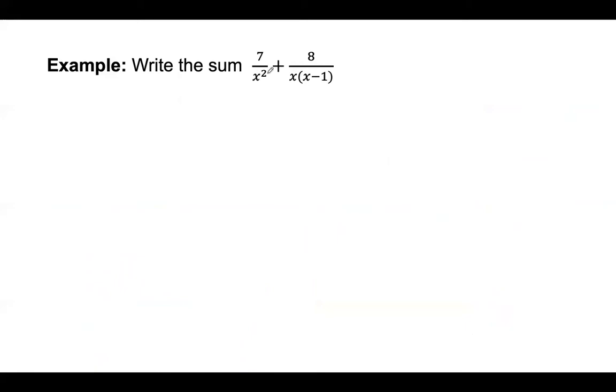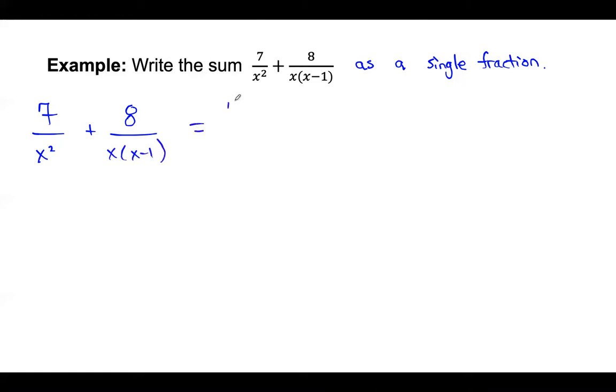So let's write the sum of these two expressions as a single fraction. So as a single fraction. So let's rewrite it. So 7 over x squared plus 8 divided by x times x minus 1.